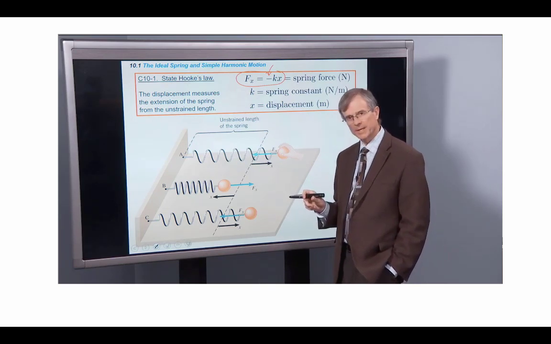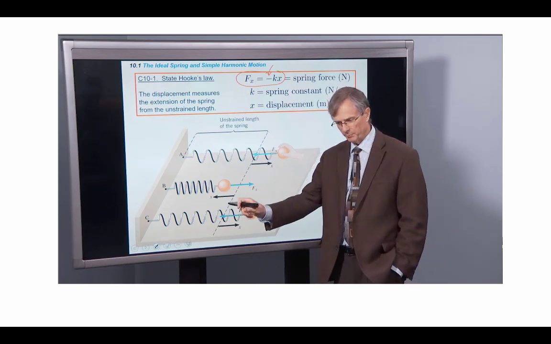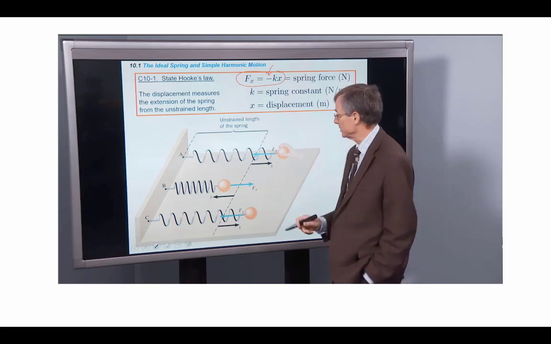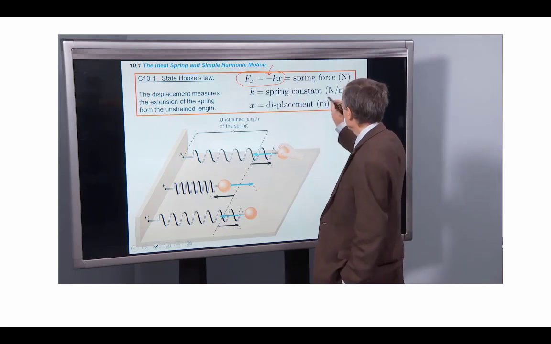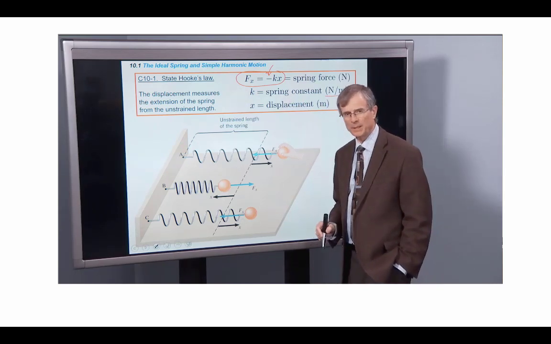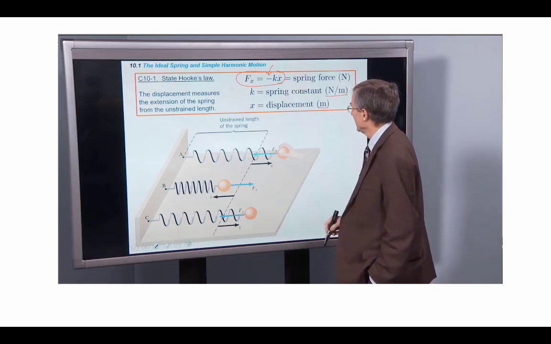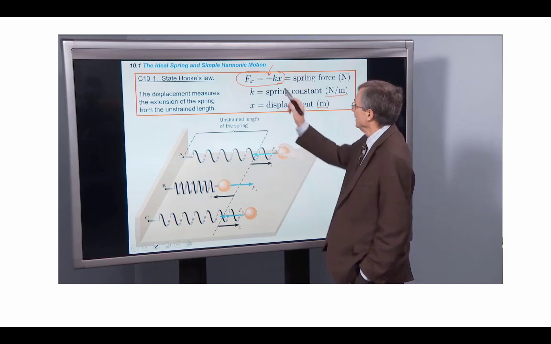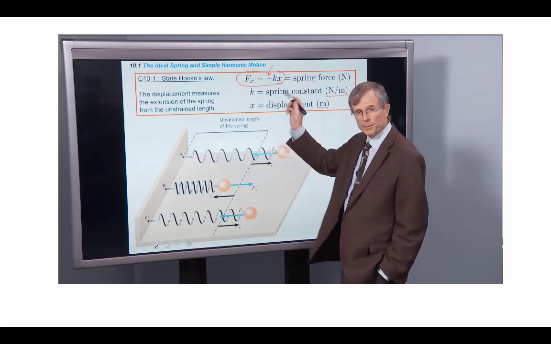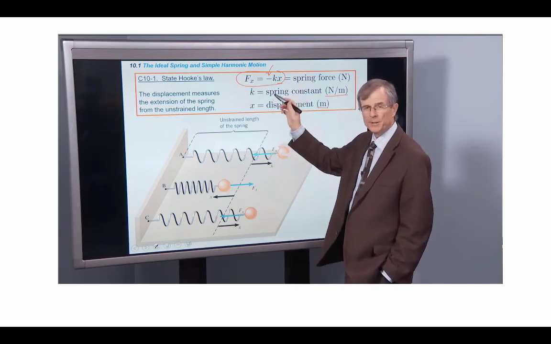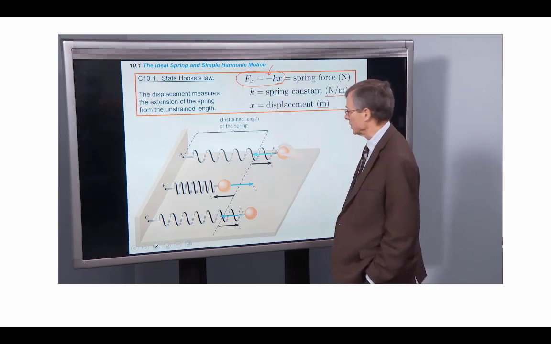If you pull the spring, it tries to pull back on you, etc. k is a spring constant, which has units of newtons per meter. That's because the displacement x always is in meters, and if the spring constant is in newtons per meter, then newtons per meter times meters gives you newtons for a force.